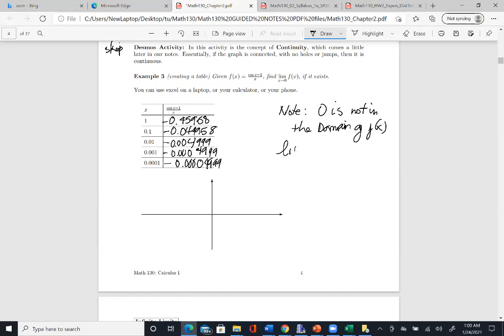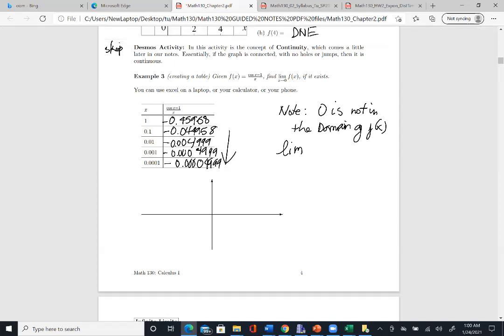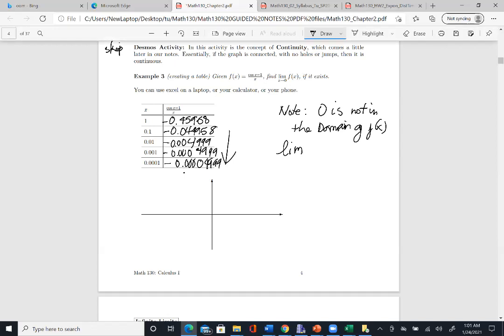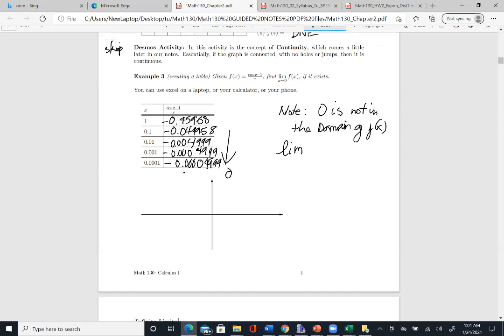And you can see from the table here, it looks like the limit goes to 0, close to 0, right? When x goes to 0, f(x) looks like it goes to 0. All right.